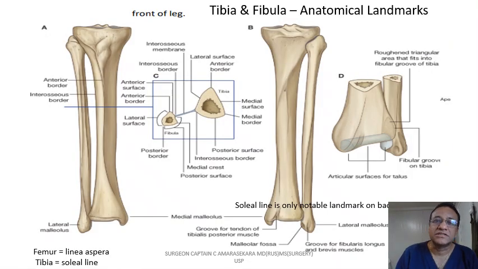This slide presents a structural visual breakdown of the tibia and fibula from anterior, posterior, and lateral perspectives. We'll come to the anterior highlights. Here you can see, as we discussed in the previous slide, the anterior border of the tibia.